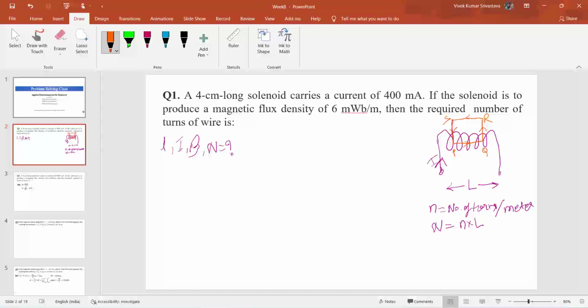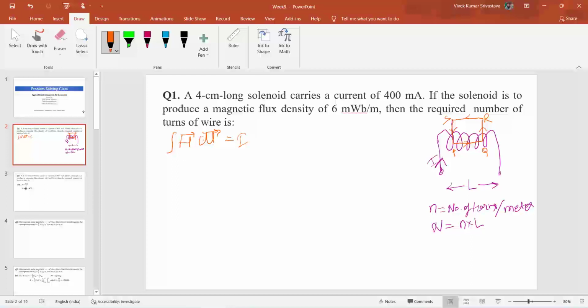As we all know, Ampere's law states that the line integral of H dot dl is equal to the total current flowing inside this Amperian loop.